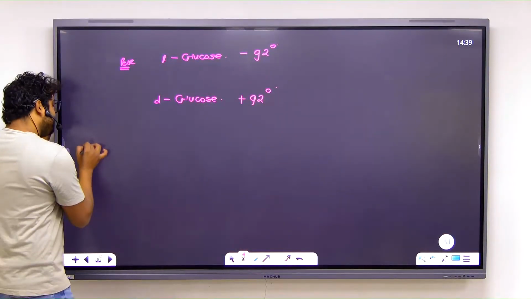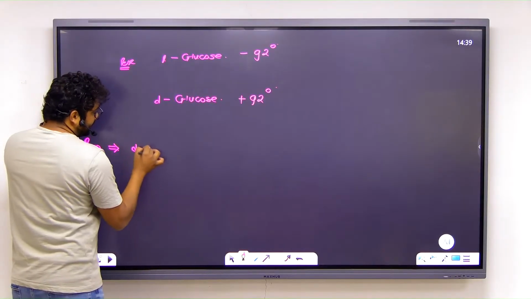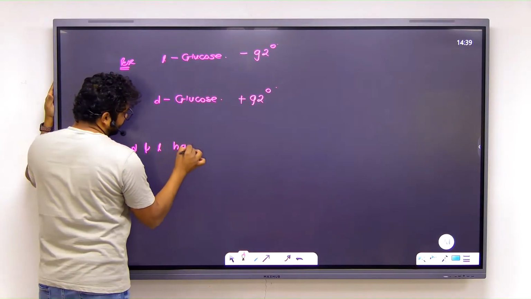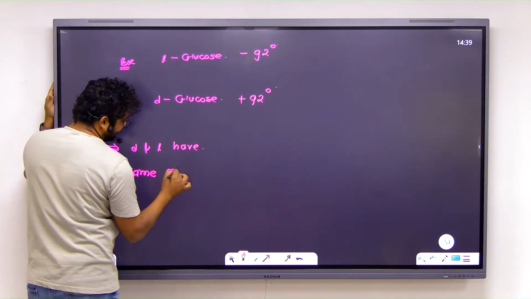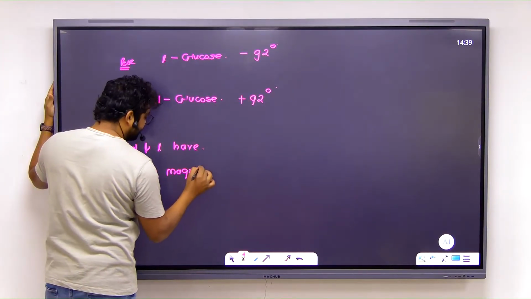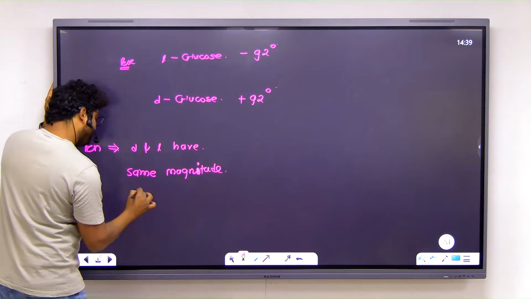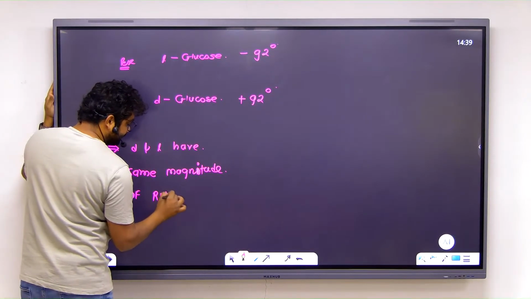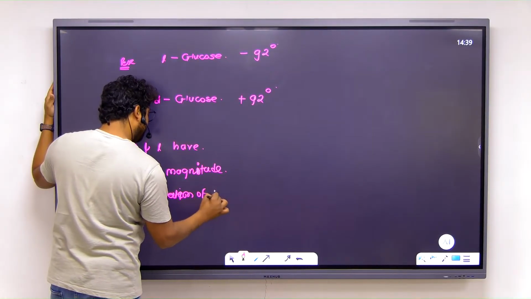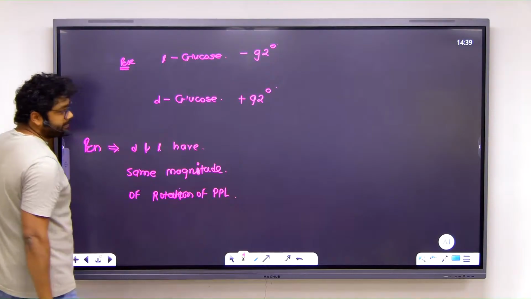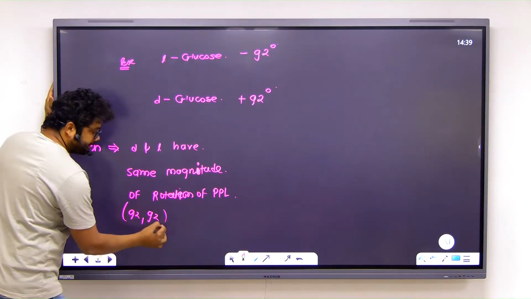So what do you mean by this word enantiomer? The D and L have the same magnitude of rotation of plane polarized light. मॅग्निट्यूड सेम आहे, दोघं 92 आणि 92च आहे.